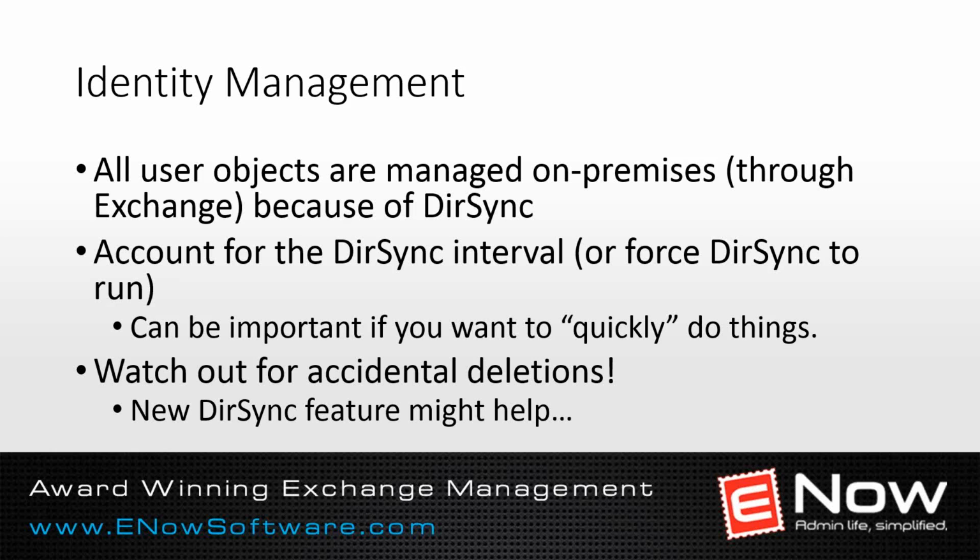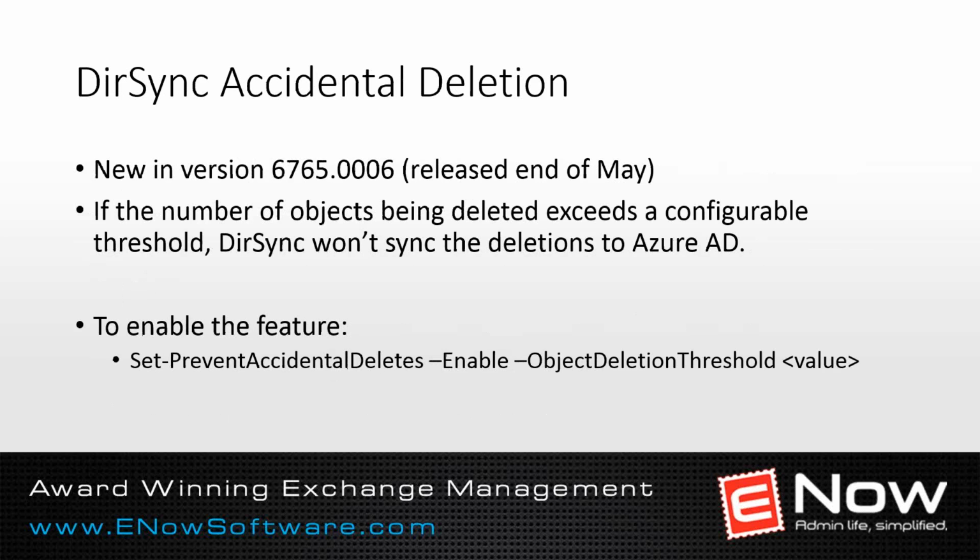The user account on premises is removed, and it automatically gets removed in Office 365. Because that oops scenario caused so many issues, I was very happy to see a new feature in DIRsync which prevents these accidental deletions. It's in one of the later versions, released at the end of May, where you now have the ability to configure a threshold that is taken into account whenever you're synchronizing to Office 365 or to Azure AD.